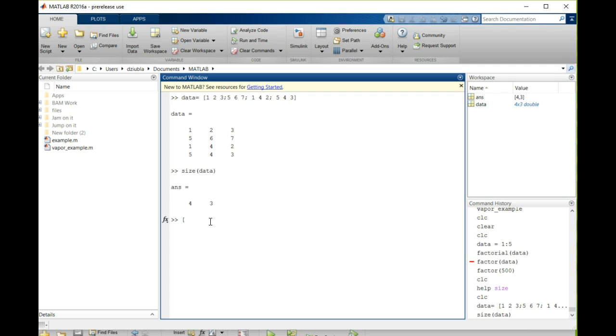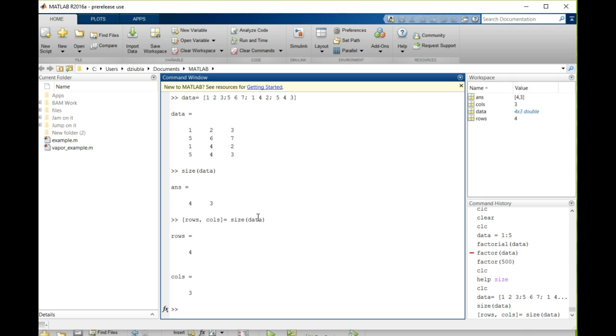I can say, by using brackets, because you can think of this as creating a vector or an array, rows, comma, columns. So I have these values, rows and columns. I'm defining a vector that is going to then equal the size of data. And in so doing, I've now just turned my answer 4 into a thing called rows and 3 into a thing called columns.